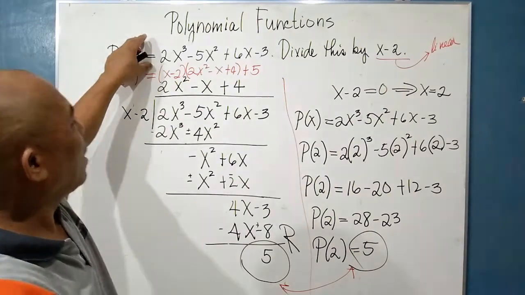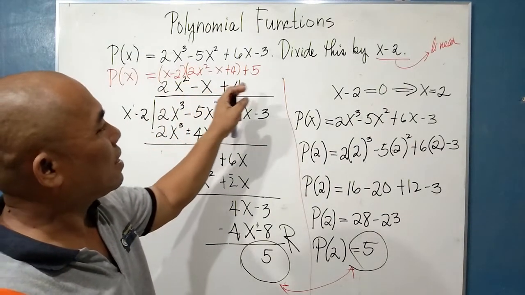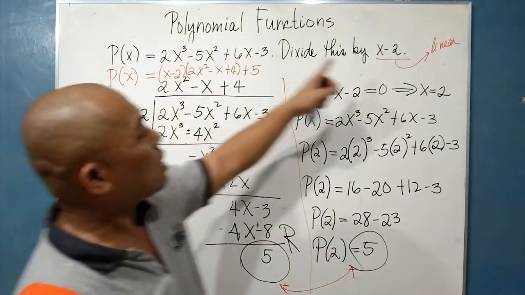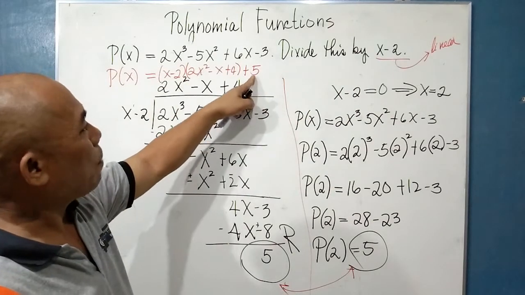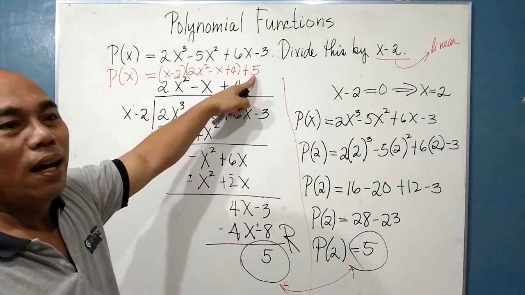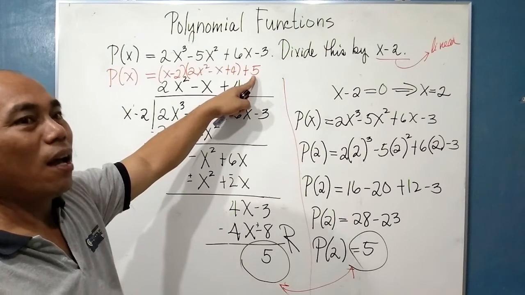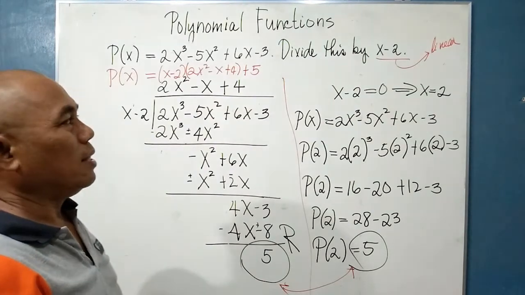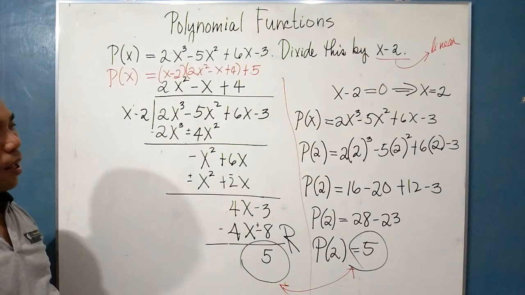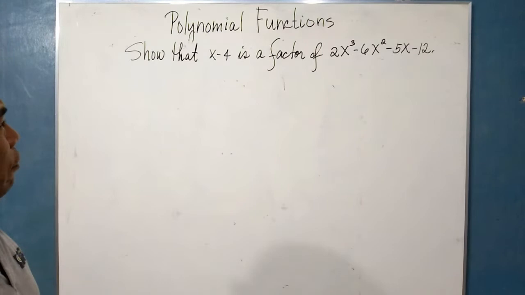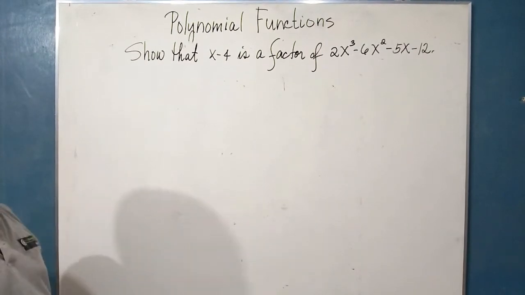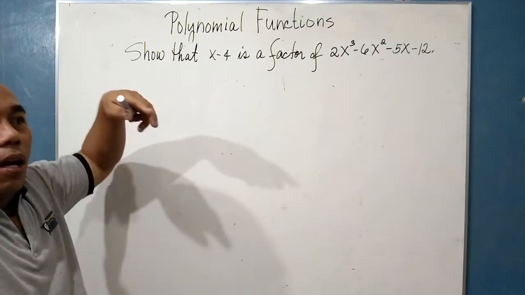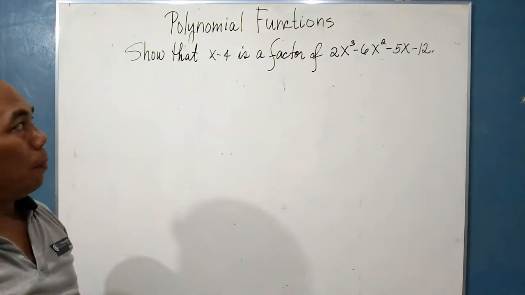Kay nga naman, dili man equal sa 0 ang dinhi. No? Kung kini siya mahimong factor dinhi, dapat walay remainder. Di ba? Muna atong idea nga kung factor ka, ang remainder is equal to 0. Let's have another illustration. Okay, mga friends, in this example, atong i-apply ang concept nga atong nakuha sa ato ang ikaduha nga example. Okay?